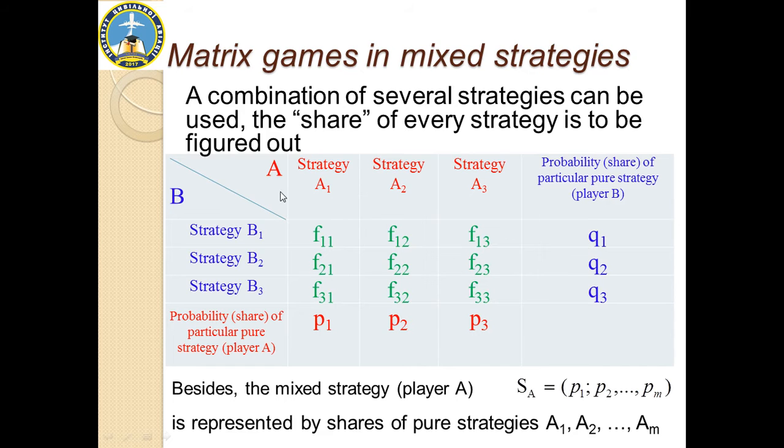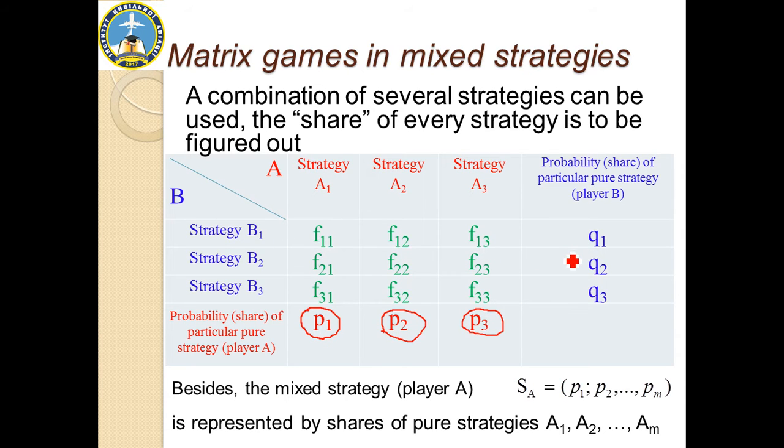For example, for player A, we introduce these parameters: P sub 1, the shares or probabilities with which player A applies his strategy A1. P sub 2, the share of strategy A2. P sub 3, the share or probability of strategy A3.